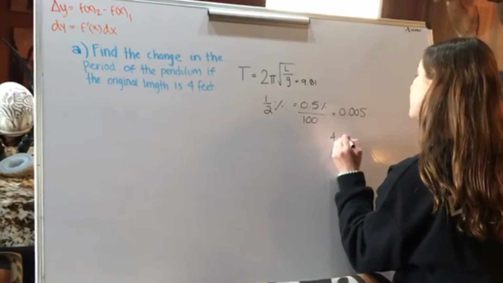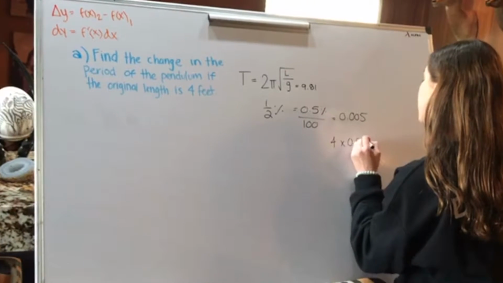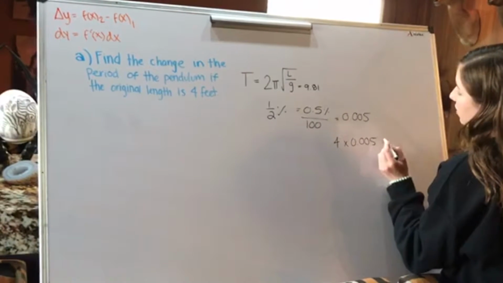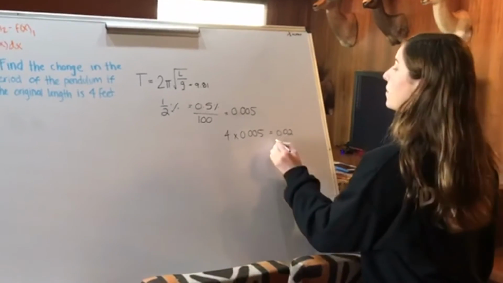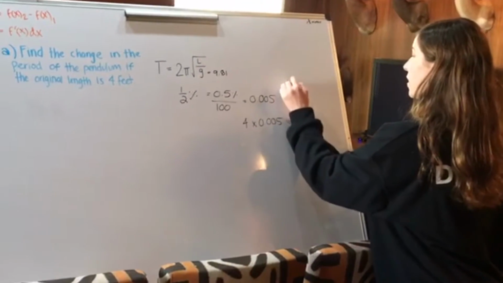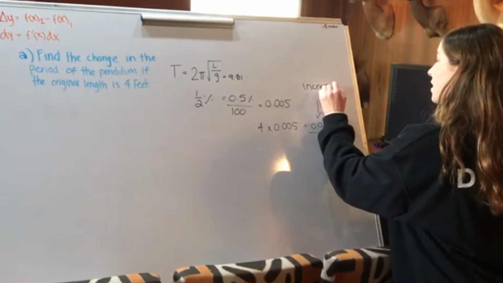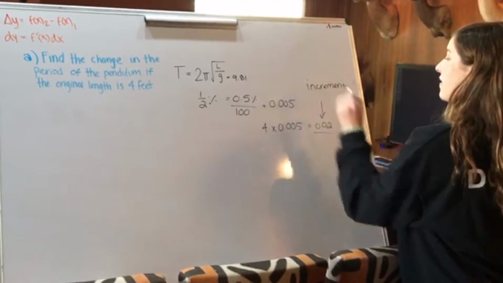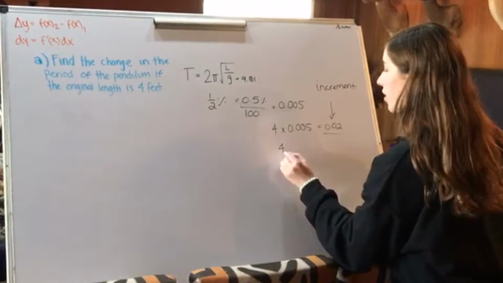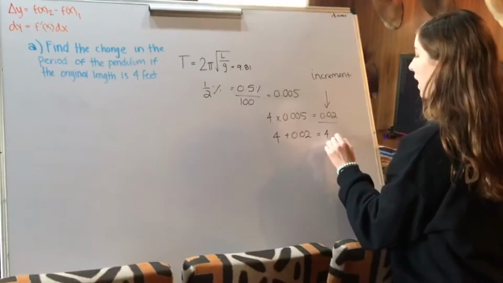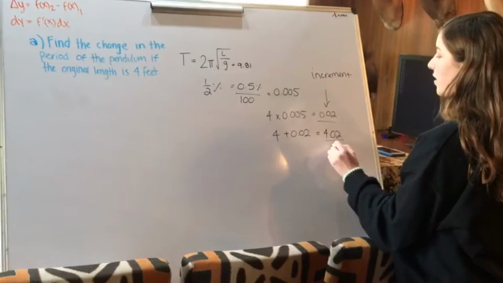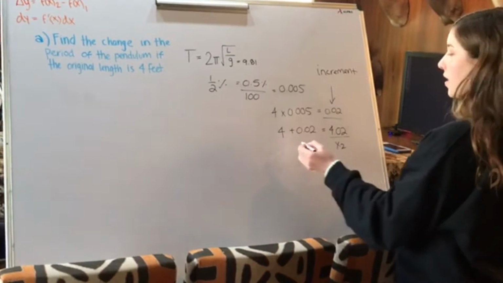So 4 times 0.005 is equal to 0.02. This number will be my increment. If I add this to the 4, I will have my second x, and x1 will be 4.